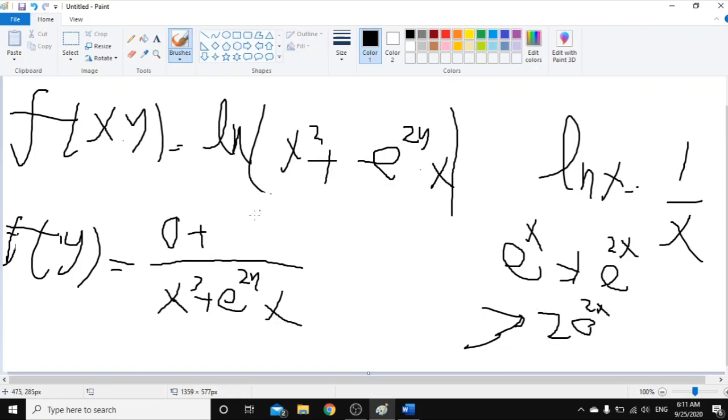So we can write here 2 e to the 2y times x. And to make it shorter or formal, you can say 2x times e to the 2y. And that's the final answer.